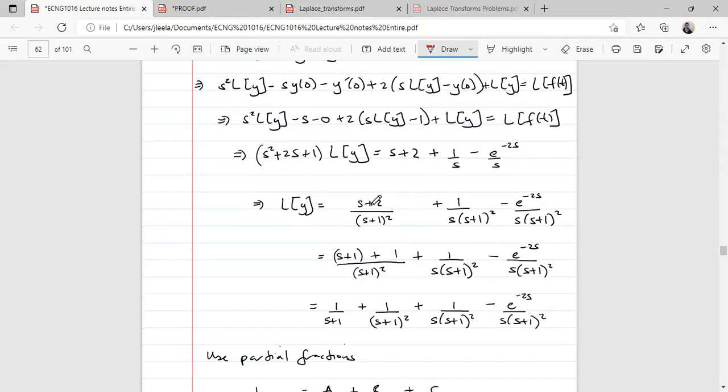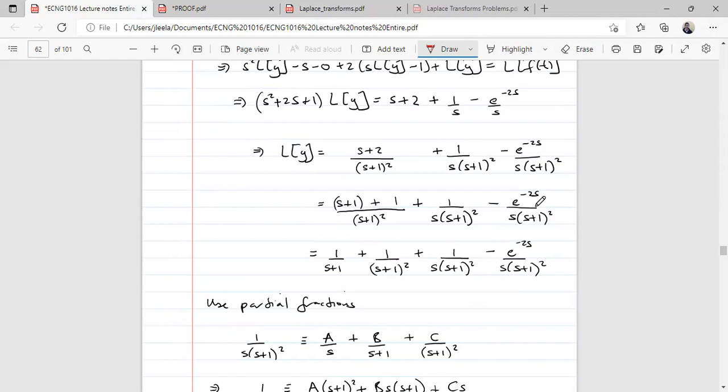So this s plus 2 here could be written as s plus 1 over s plus 1 squared. So you could break this up into two terms. You'll get s plus 1 over s plus 1 squared, so that'll just be 1 over s plus 1.